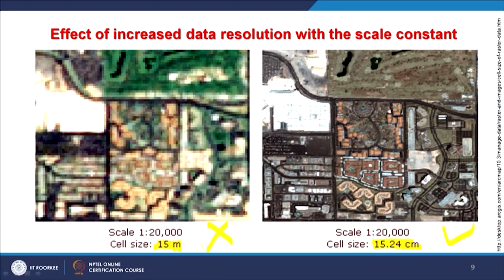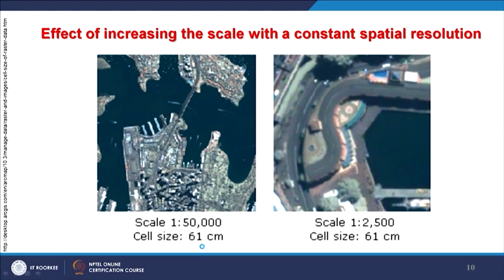So, for many cases higher spatial resolution may be very beneficial, and there may be other requirements in your project, like scale. If I am working on a 1 to 2500 scale, then definitely I need a higher spatial resolution satellite image.